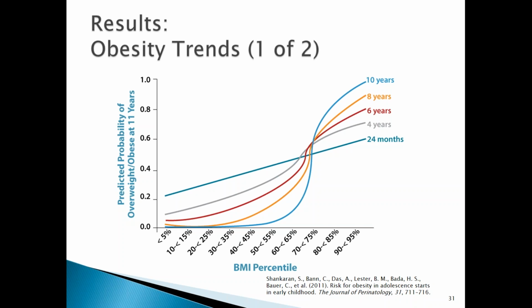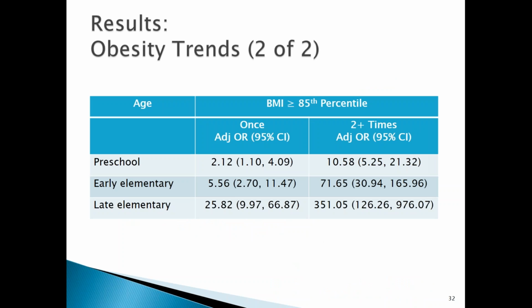You can also see that those curves get steeper over time. So there's a much stronger relationship between BMI at 10 years and BMI at 11 years, like we might expect, than there is between BMI at 24 months and BMI at 11 years. However, we still are seeing a relationship.